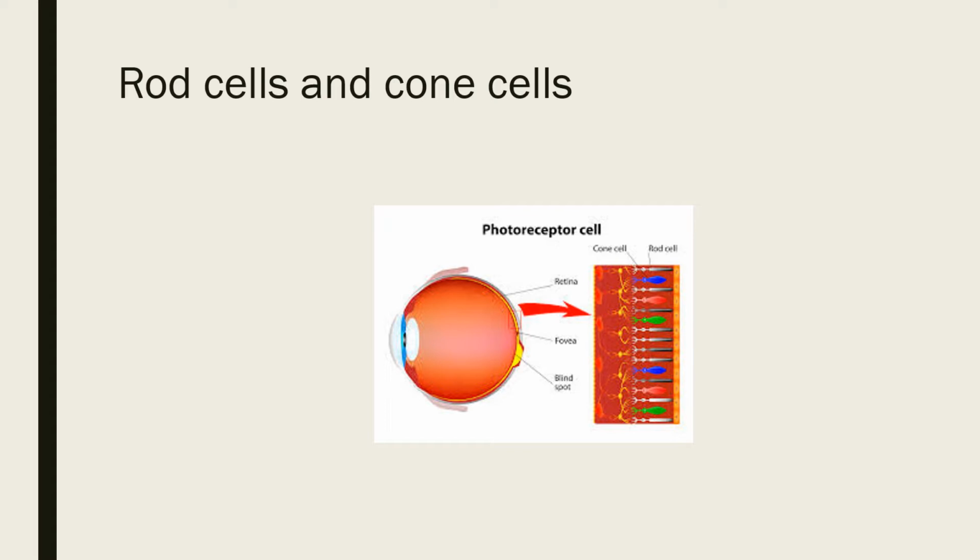Rhodopsin is broken down when light is detected by the rod cells. Neurotransmitters exceed the threshold value and create a generator potential in the bipolar cell. Impulses travel along the sensory neuron to the brain, and acuity within the rod cells is low as two dots can't be distinguished and are seen as one image.